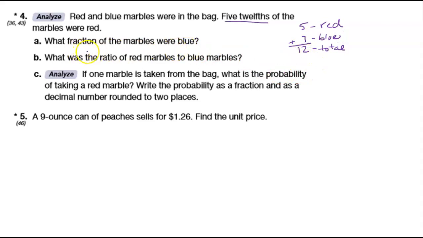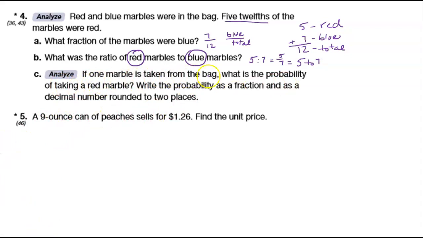It asks what fraction of the marbles were blue? 7/12, which is blue over total. And then what's the ratio of red to blue? So red to blue is 5 to 7, or you can write it 5/7, or 5:7.